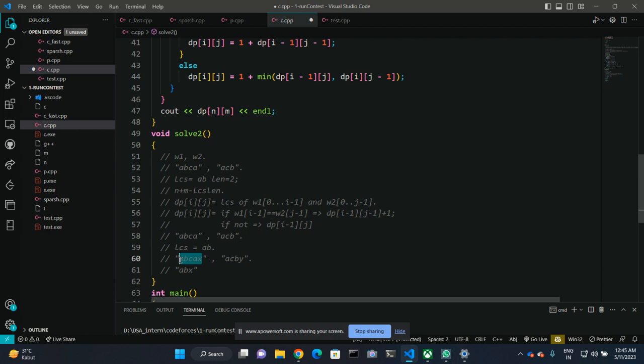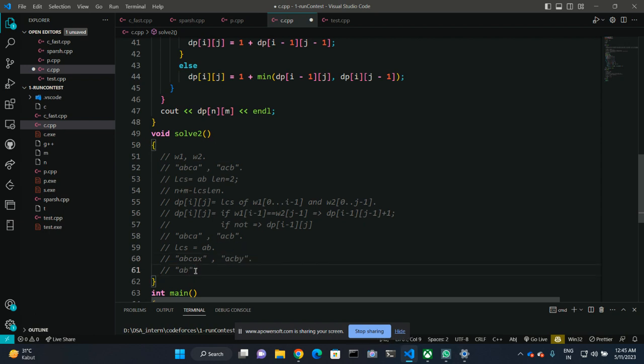I will check the first I characters of W1 and the first J minus 1 characters of W2. X and Y are not going to be added here, because if I added X, I cannot replicate this ABX in the other word.